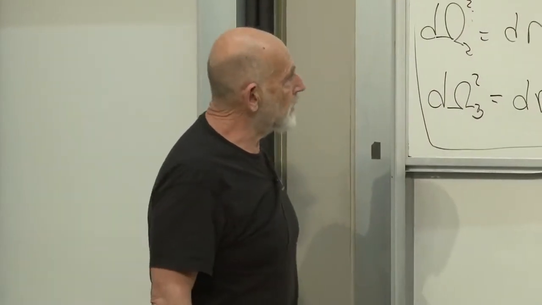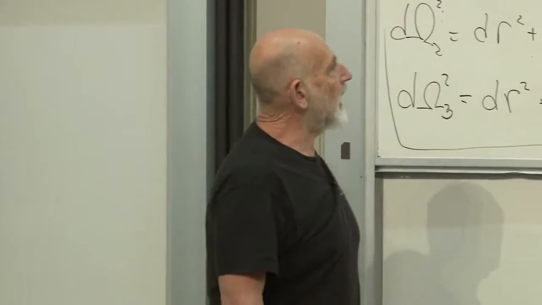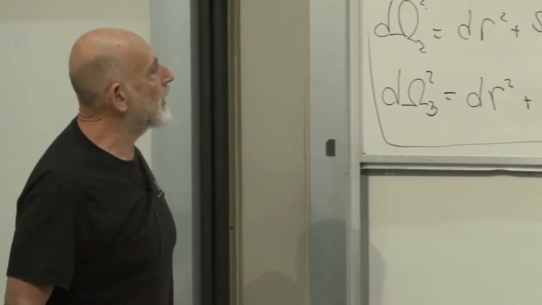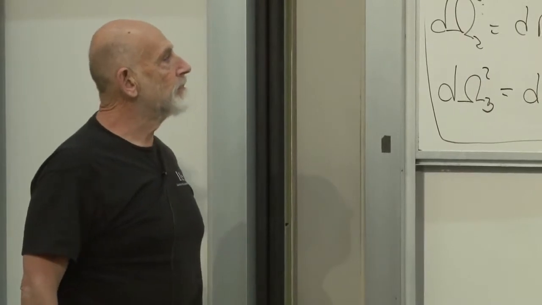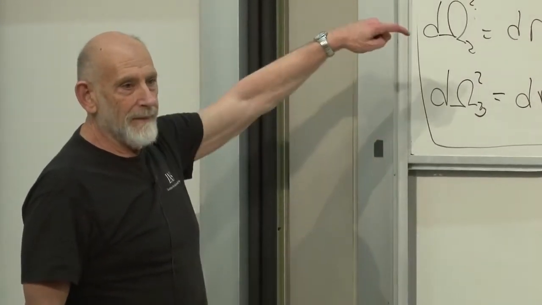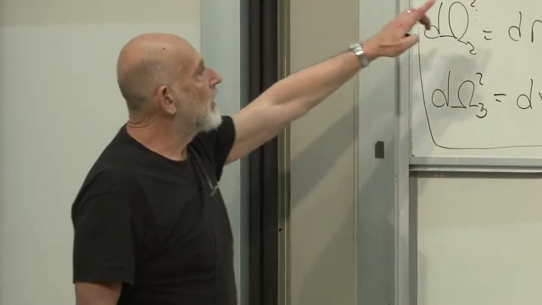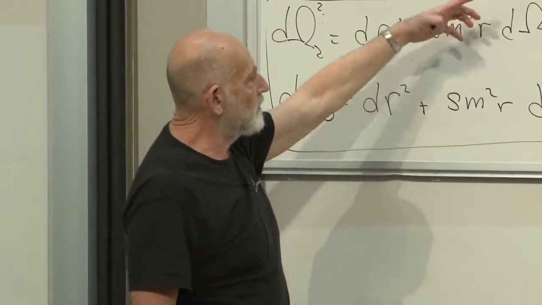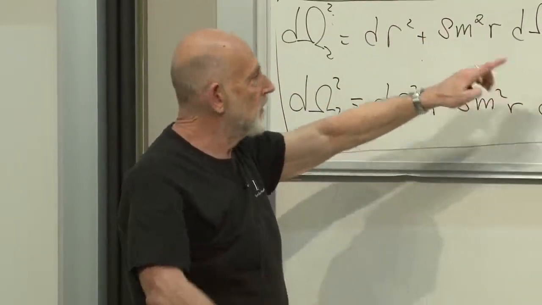Here's flat two-dimensional space. What about flat three-dimensional space? What would you guess? You have a guess for flat three-dimensional space in this form? Yes, you have another angle, and that other angle forms an omega 2 around you. It's just this.